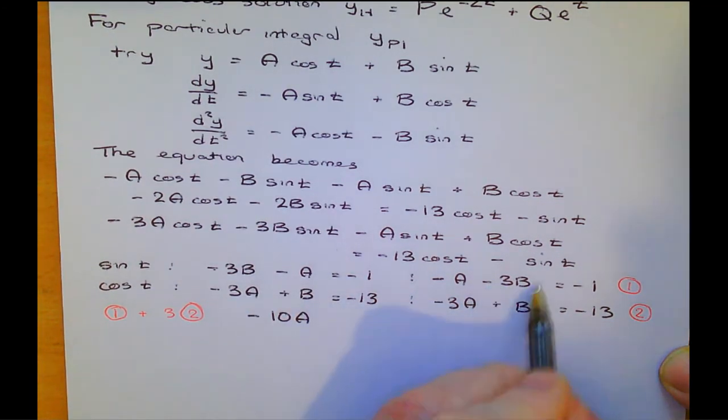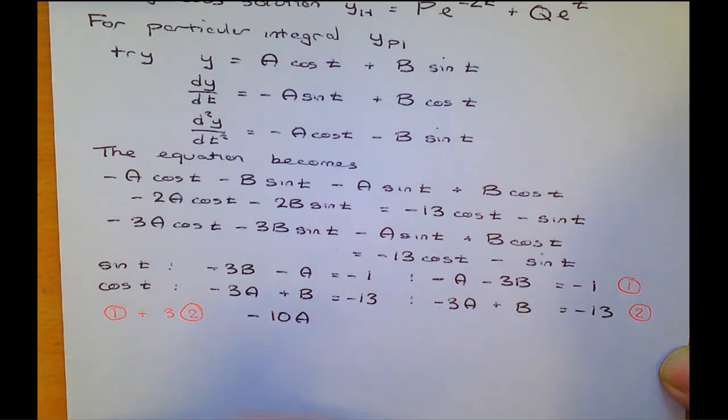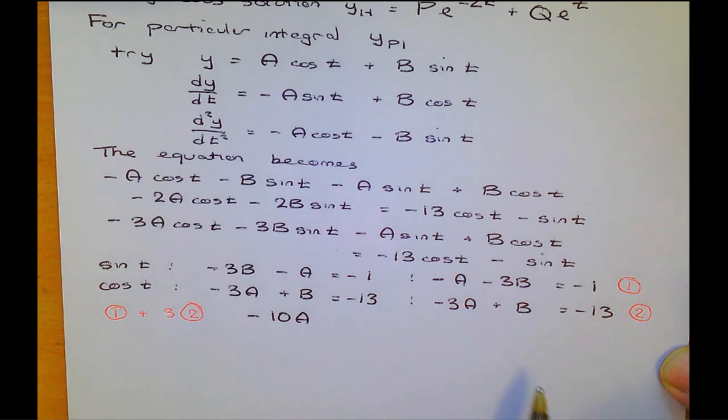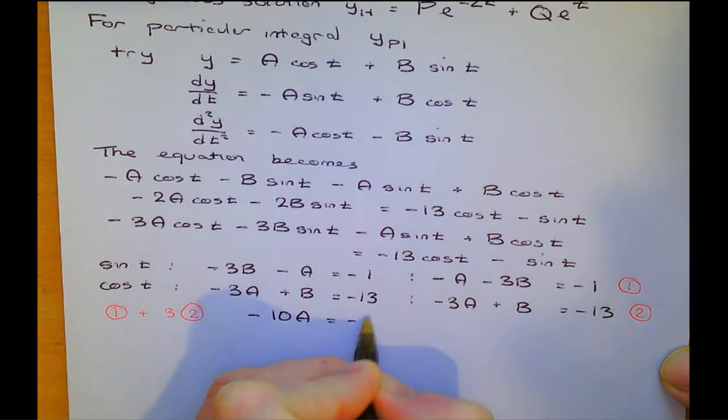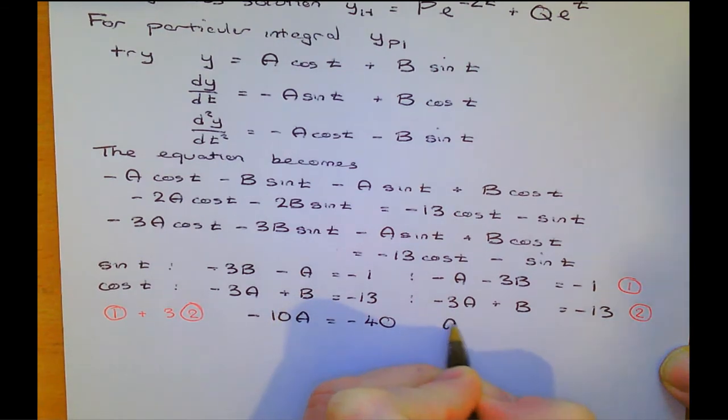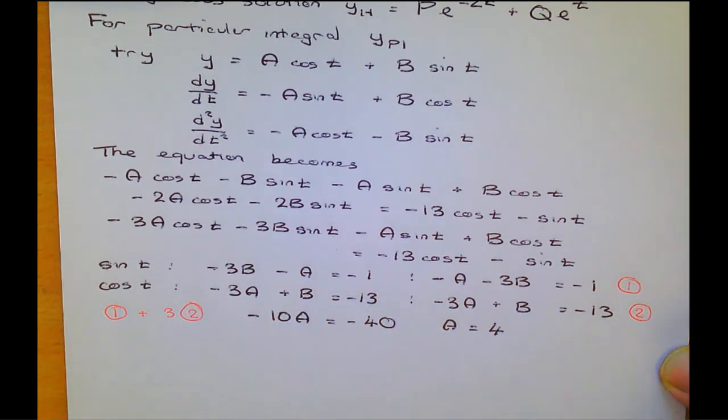We'll get minus 3b plus 3b. The b's cancel. That was the intention of this particular combination here. We'll get minus 1 minus 39. So we get minus 40. A, we can see, is equal to 4.